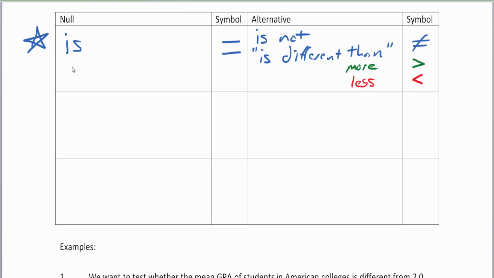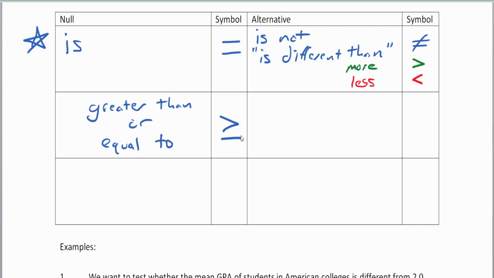But what if the null hypothesis made a claim that something was greater than or equal to? So the symbol looks like this. The null hypothesis says, oh yeah, our workstations here can produce greater than or equal to 1,000 forms per hour.